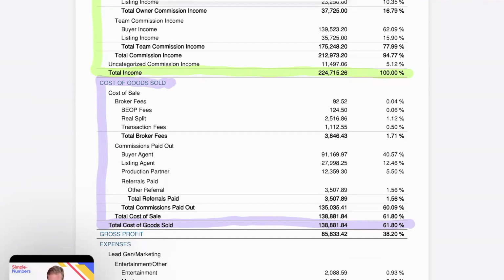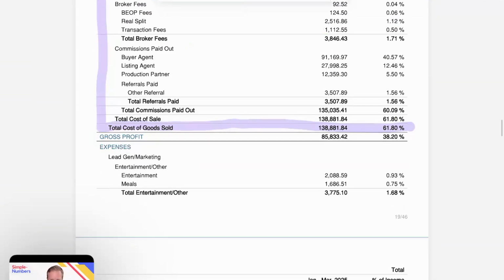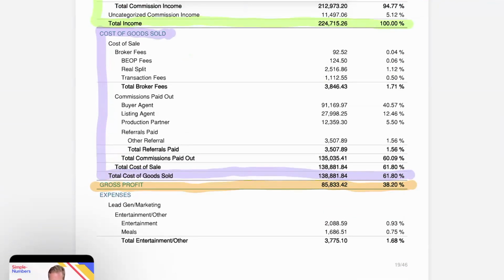In this case, $139,000 or about 62%. That left us then with our gross profit of about $86,000 or 38%. That's just the remaining piece, right? If we had 225 to start with, we paid out 139, we were left with 86. 100% of the pie is now eaten up.